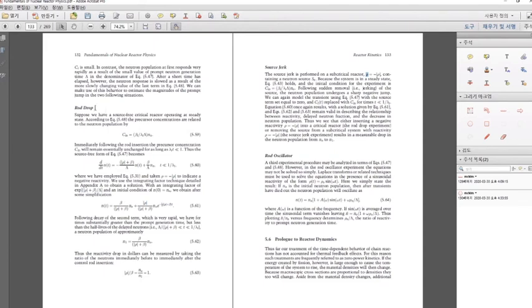So the first case, load drop, is the case of inserting a negative reactivity into a critical reactor. And this source jerk is the case of removing the source from a subcritical reactor.